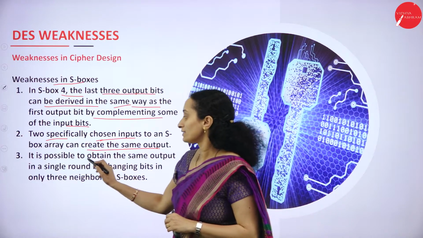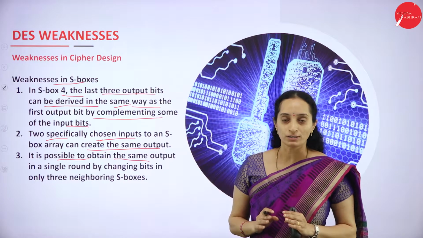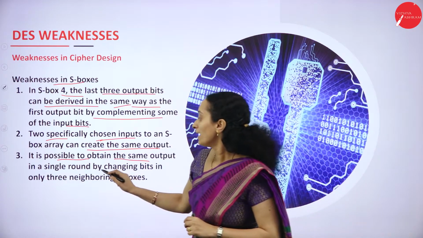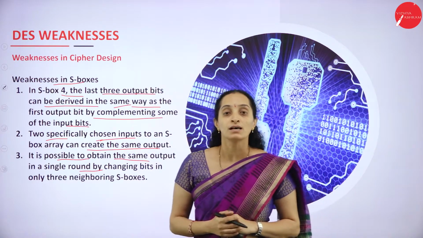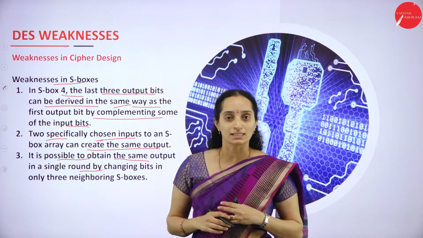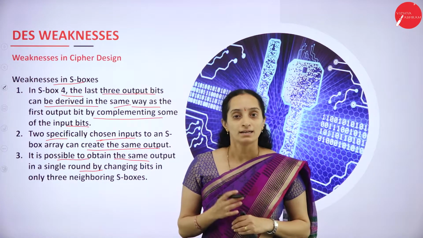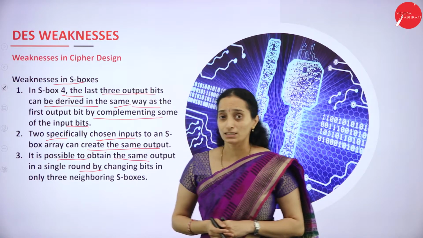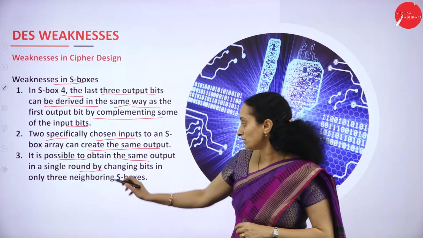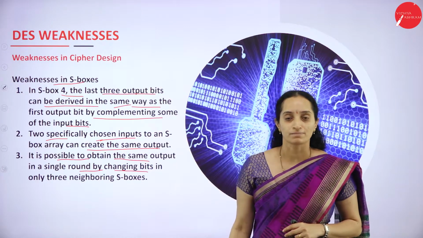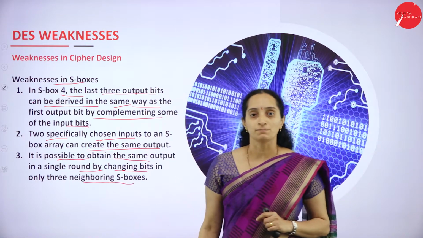The third weakness is that it is possible to obtain the same output in a single round. The previous 2 weaknesses were about the previous round and the next round, or the previous round and the current round. But the third weakness talks about the single round. The same output can be obtained in a single round by changing the bits of only 3 neighboring S boxes.